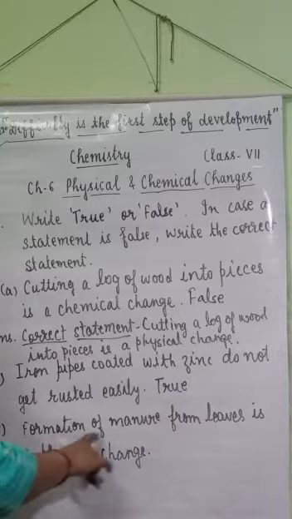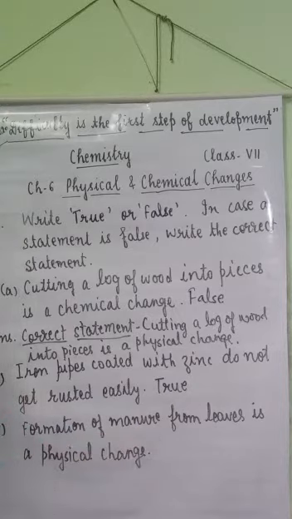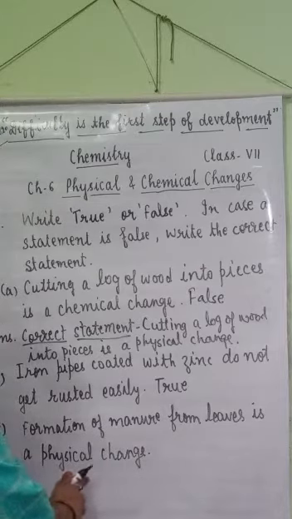Next is formation of manure from leaves is a physical change. When manure is prepared, new substances are formed. So it is not a physical change, it is a chemical change.